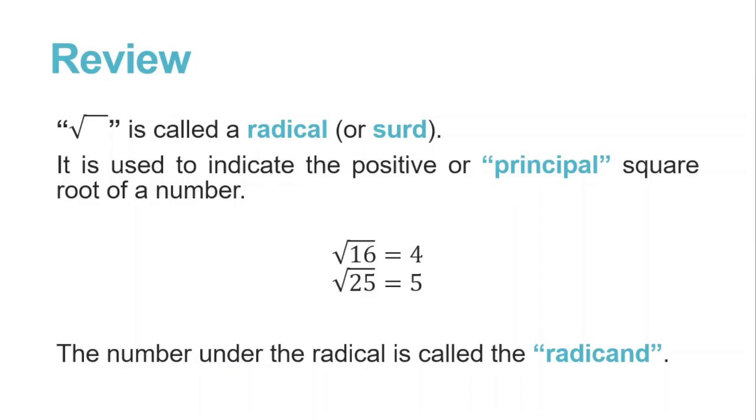For example, the square root of 16: the answer is 4. Or the square root of 25: the answer is 5. In these examples, the number under the radical is called the radicand, like the 16 and the 25.